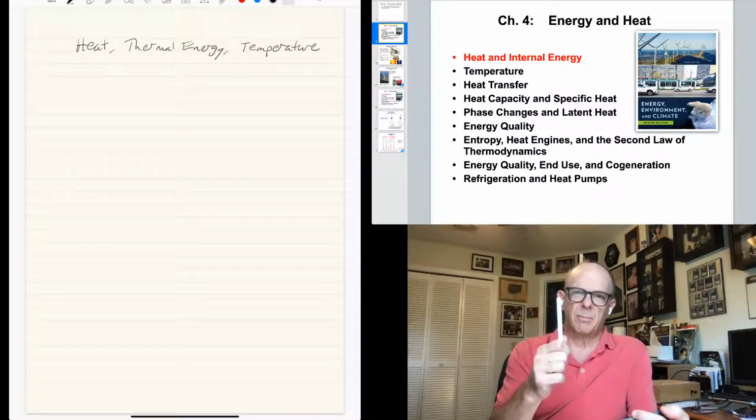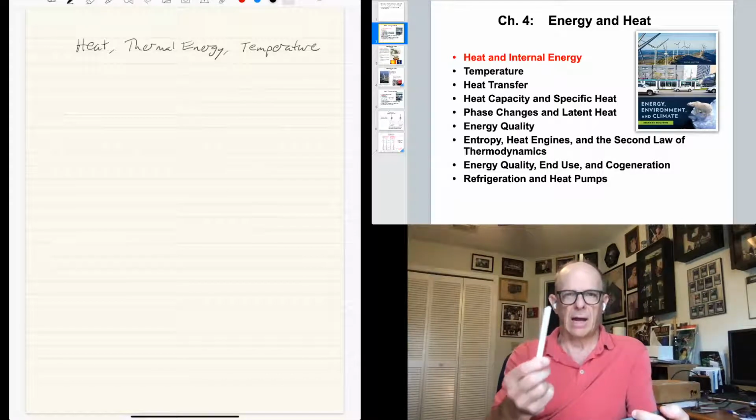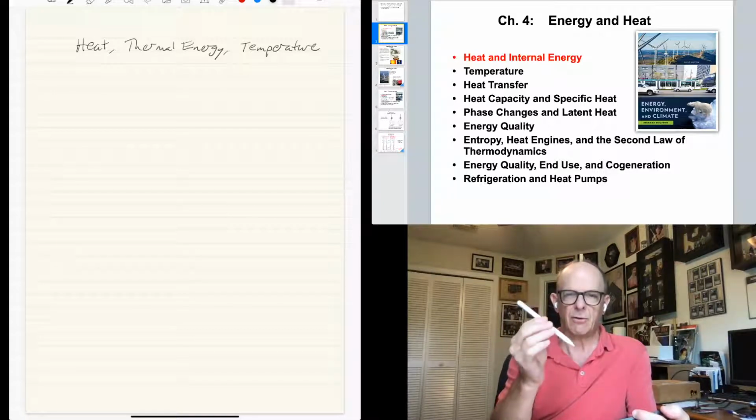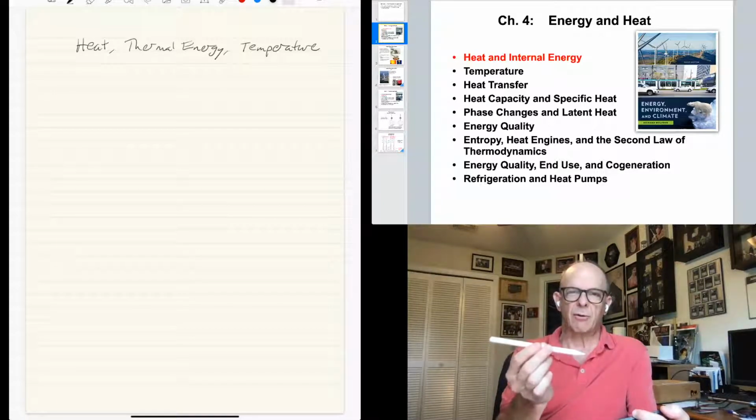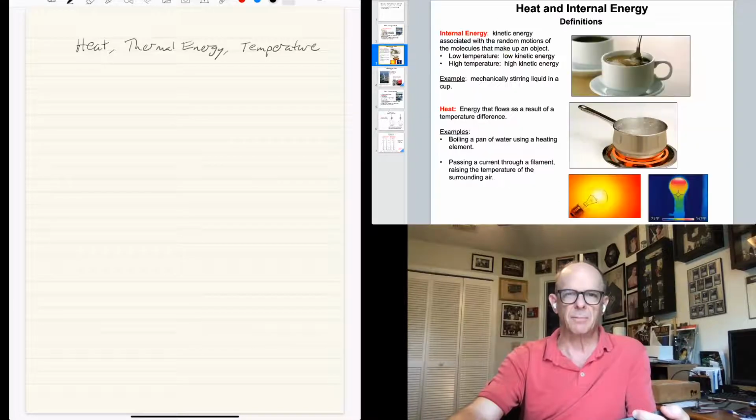If I put it in the freezer, it would have less internal energy after it cooled down because the atoms and molecules that make it up would not be vibrating as rapidly as they currently are. So there's just energy in this thing just by virtue of it sitting here. And that's thermal energy, and since it's inside the object, it's also called internal energy.